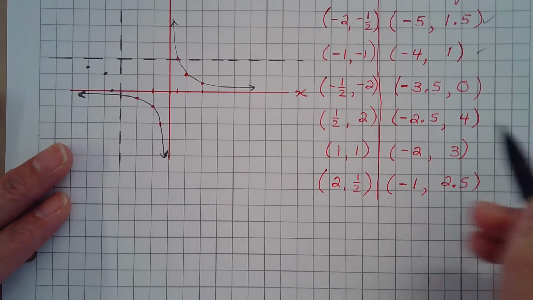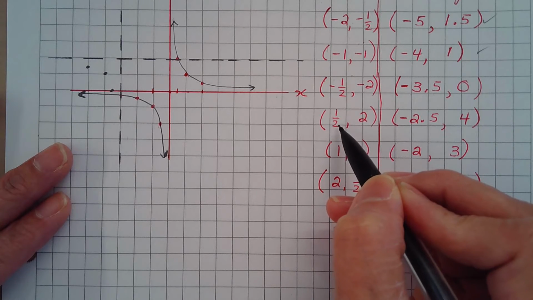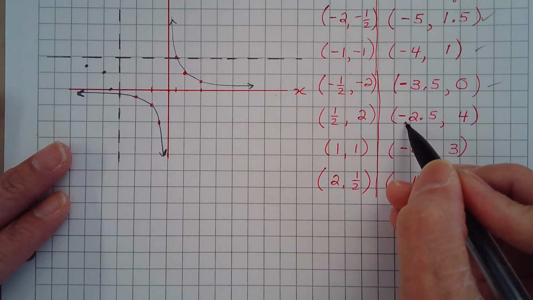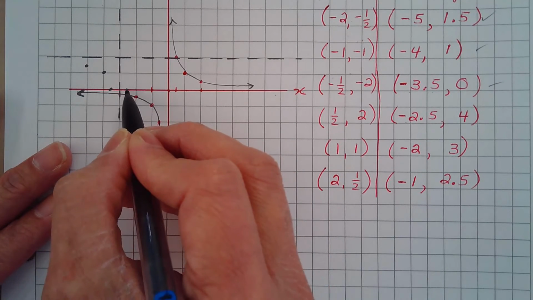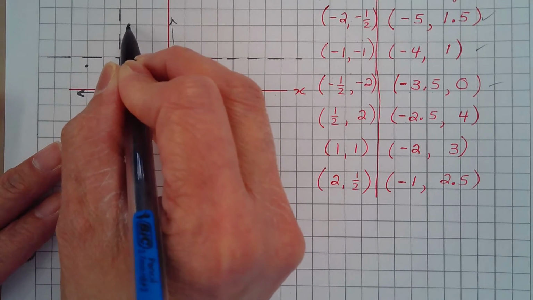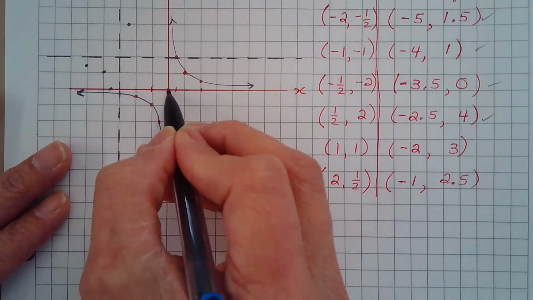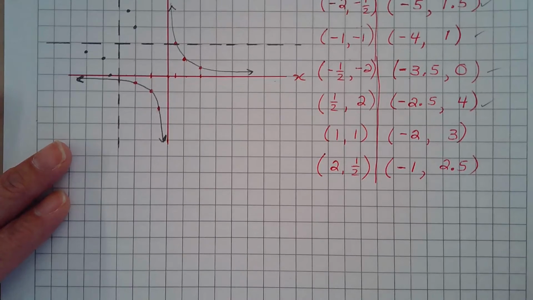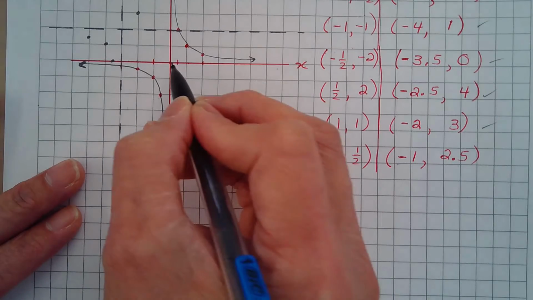Okay. And then now I'm getting the positives. Negative 2.5, positive 4. Negative 2, positive 3. And then negative 1, 2.5.